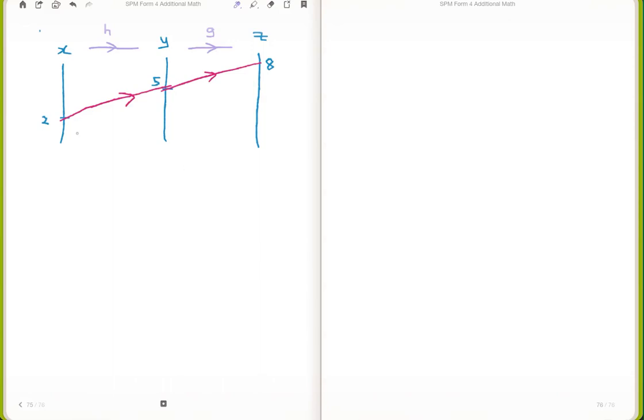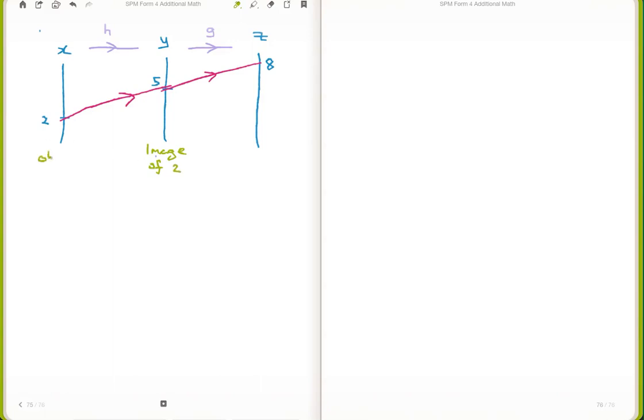So here is an object, and y will be the image for x. 5 here is the image of 2.